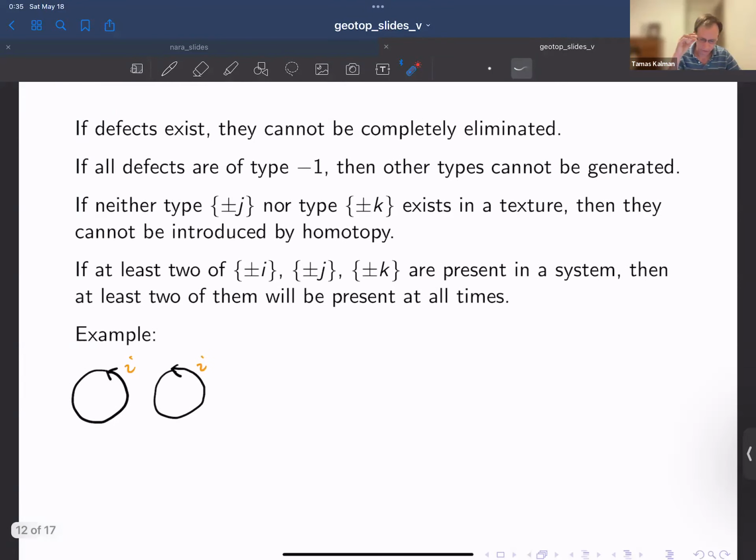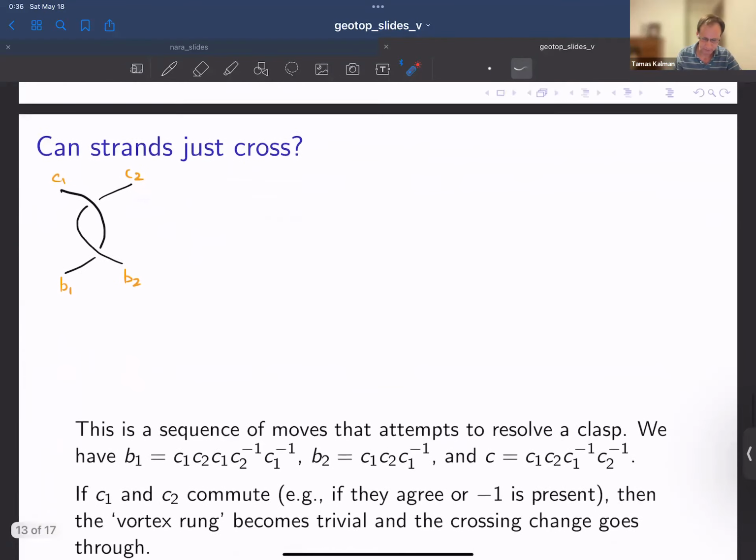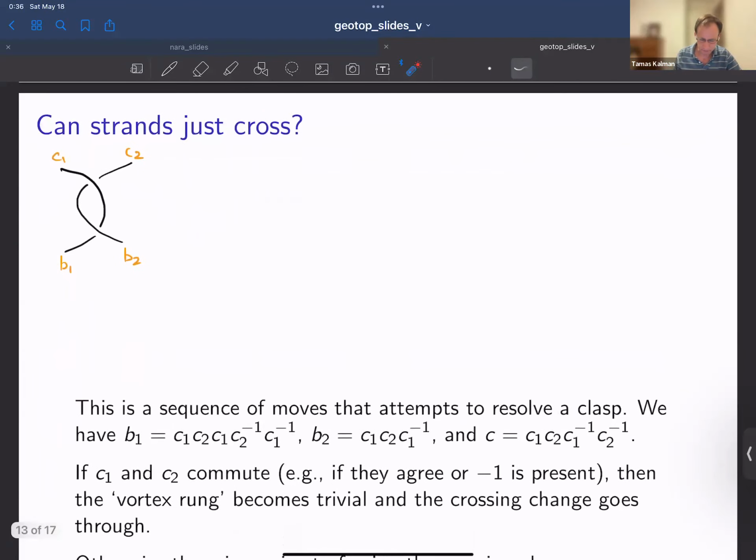Since I'm not doing so well with time, let me skip this sort of trivial thing I wanted to do here and say something perhaps slightly more interesting. Can these defect lines simply cross and go through? It seems like there is so much flexibility in this kind of system. That turns out to be not the case though. What if I try to resolve this situation?